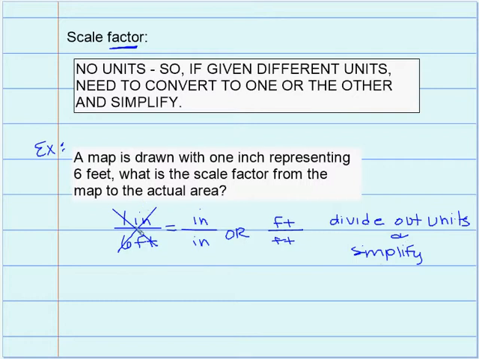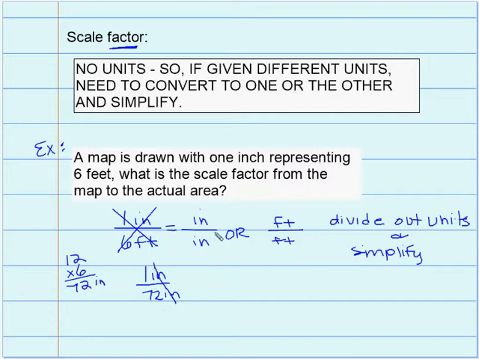Okay, so let's do this conversion. I like having the number 1 in the numerator, so I'm going to convert 6 feet to inches. So 12 inches in 1 foot, so there are 72 inches in those 6 feet. So I would write this as 1 inch equals 72 inches, which then divides out those inches, and it's already in simplest form.